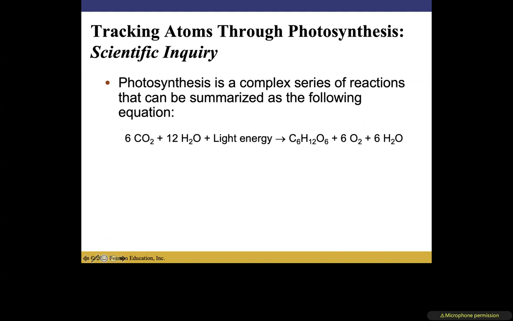Okay. So I say minus 6 on this side. And you got a net of 6 H2Os. And then you have minus 6 H2Os on this side. And so they cancel each other out, giving you the net equation.